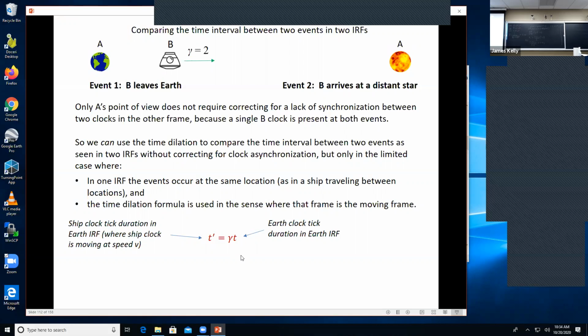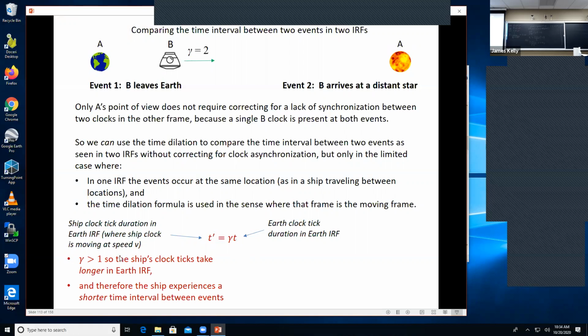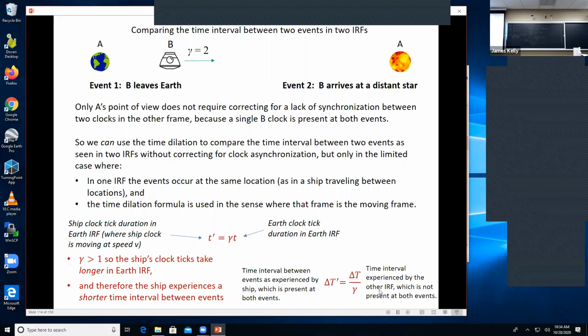But that doesn't mean the time elapsed is longer. The time elapsed is correspondingly shorter. Okay, gamma is greater than 1. If the ship's clock ticks take longer, that means the ship experiences a correspondingly shorter amount of time. So you could say this is an equivalent formula that could be applied in this case.